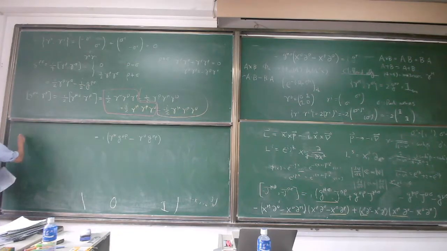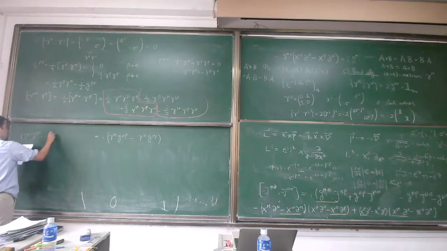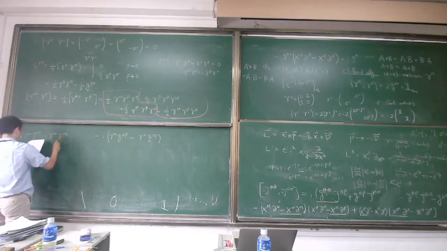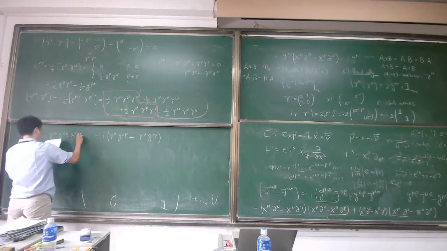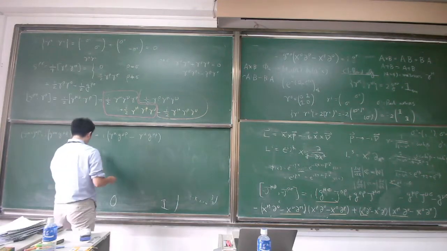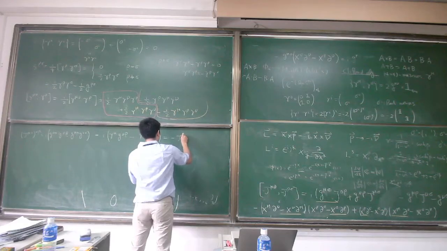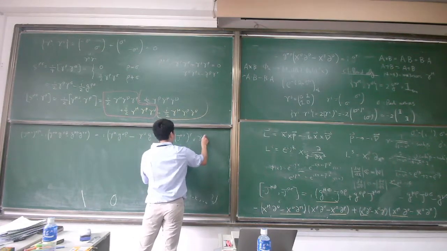So plug in, what was it? J mu alpha beta is i times g mu alpha, g beta, minus g mu beta, g mu alpha. Plug that into here. This can be understood as the minus J mu rho sigma gamma.